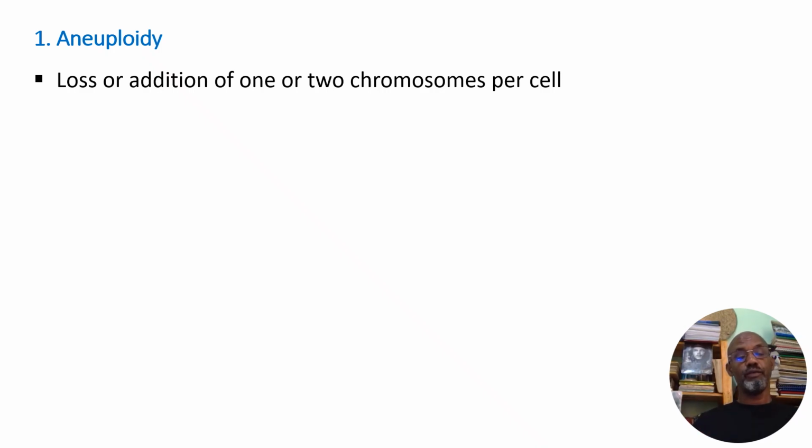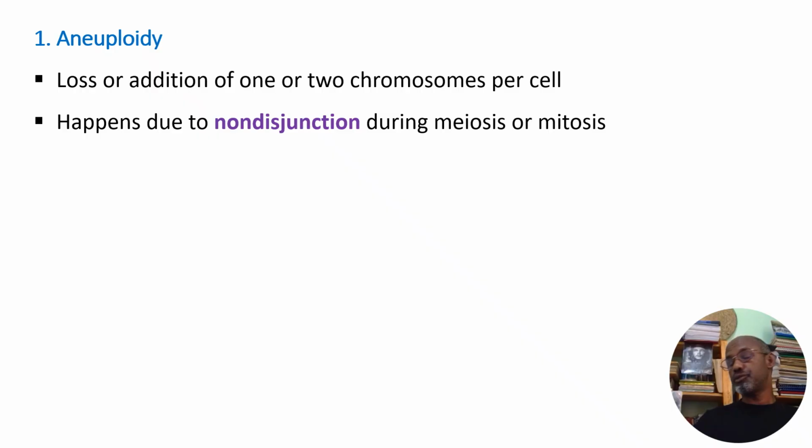Therefore, this involves loss or addition of one or two chromosomes per cell, but still it may involve three extra or three lost, and it happens due to non-disjunction. If you are asked what causes aneuploidy, it is during meiosis, when you form germ cells.